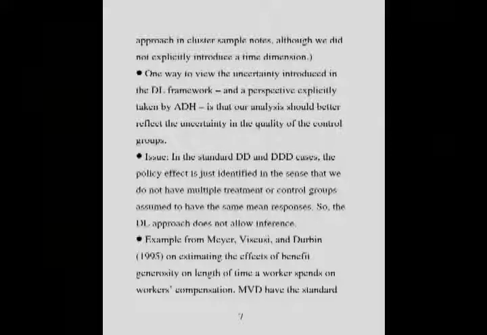So as I said, one way to think about the uncertainty is that it should reflect the uncertainty about the quality of the control groups in the analysis, and I'll come back to that at the very end.